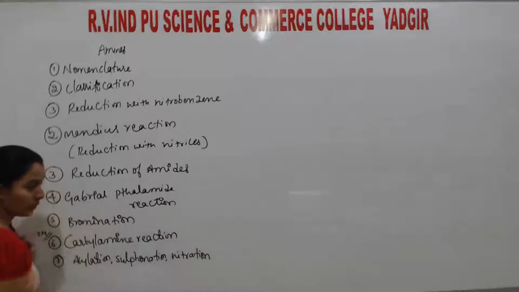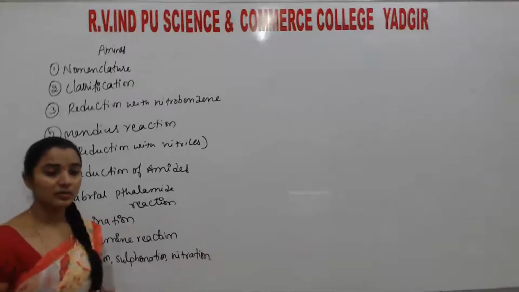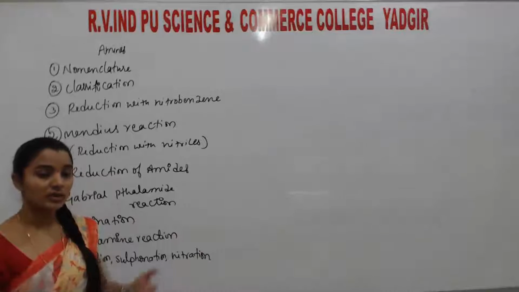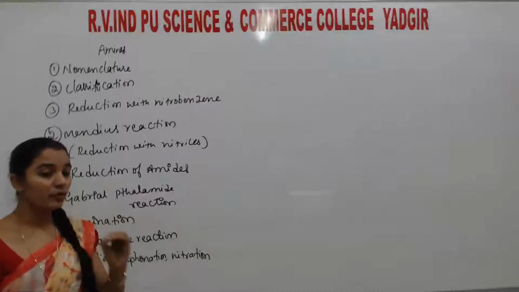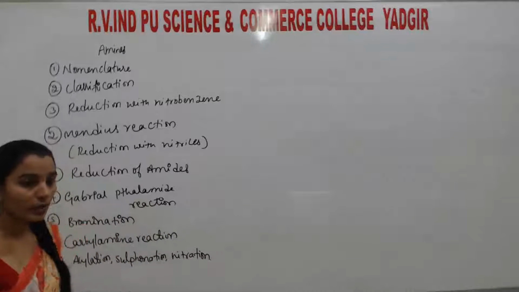So students, another one is there, that is diazonium salts. The preparation of diazonium salts, their properties and all, that is removed from your syllabus. So I want to explain it.